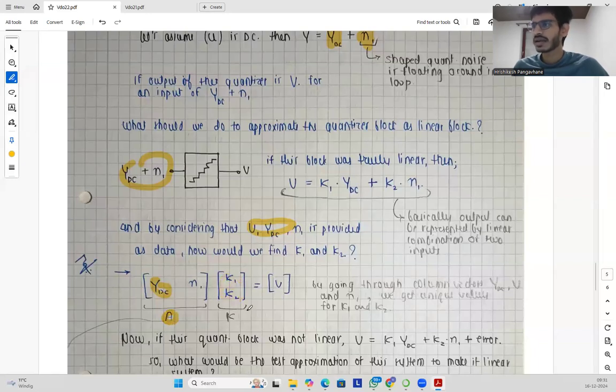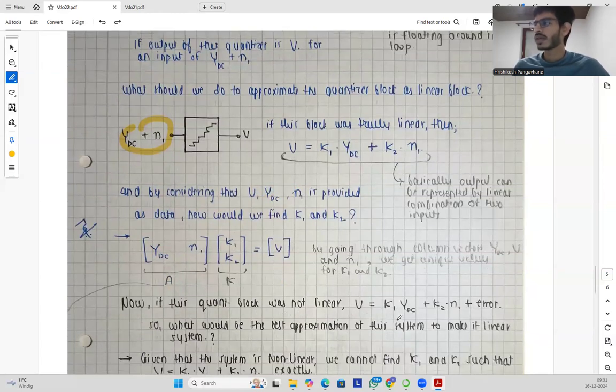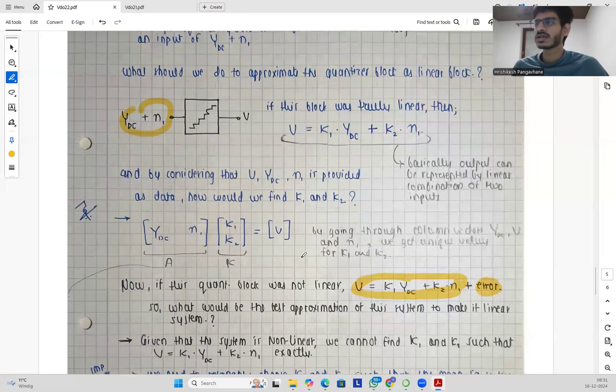So we have the A matrix and the K matrix. A times K is nothing but the V matrix. If this quantization block was not linear, then we would have had this relation, but along with that, we would also have some error because of non-linearity. So what would be the best approximation of this system to make it a linear system? In the end, we have to make this a linear system, right?